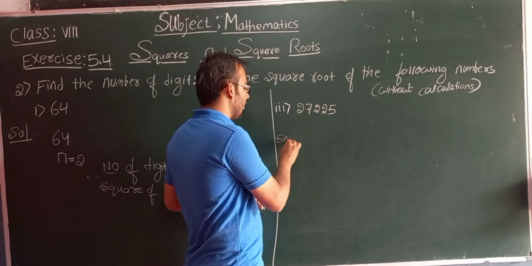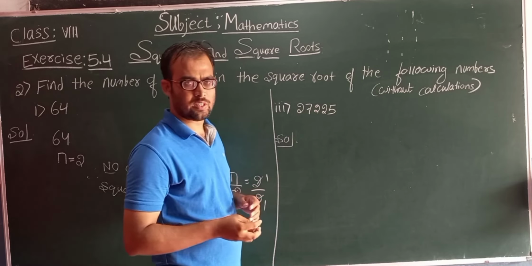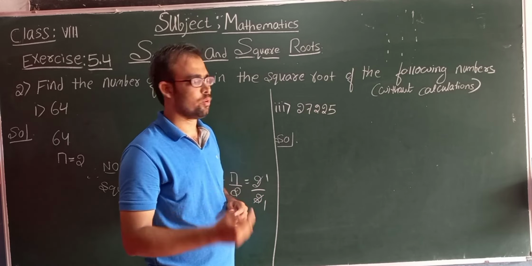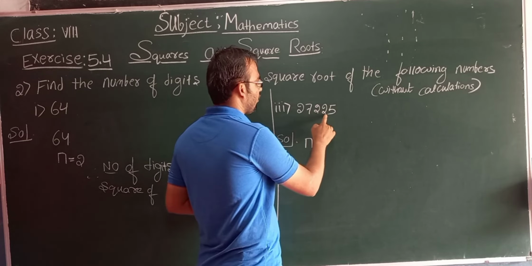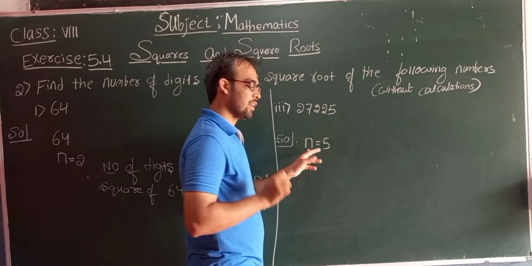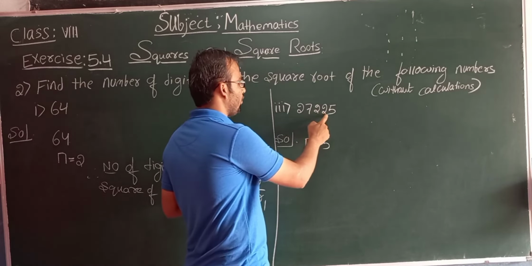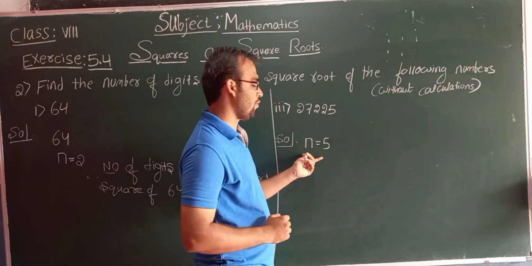Here we can find using the formula n plus 1 by 2. Why? Because here what is n? 1, 2, 3, 4, 5. n means number of digits. So here n is equal to 5.